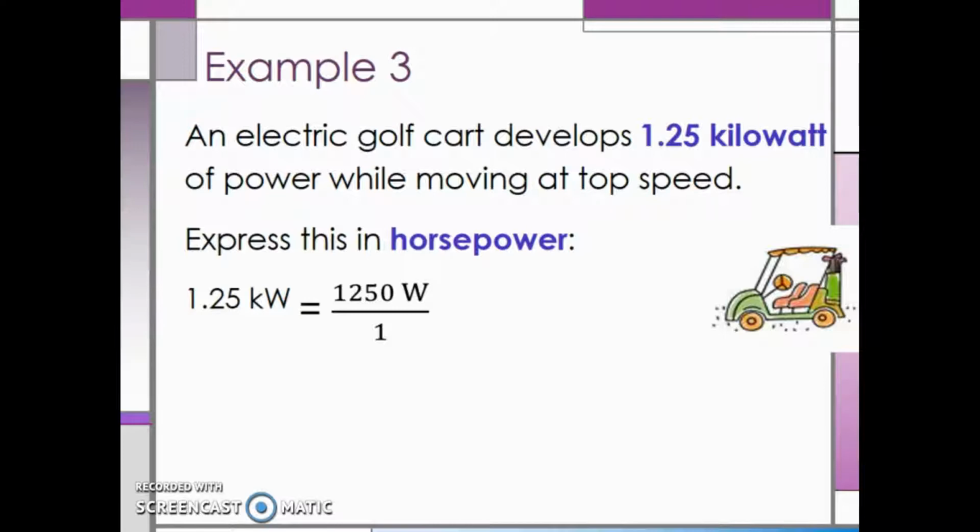Since we have watts in the numerator initially, we can put 746 watts from the conversion factor in the denominator. 746 watts is equal to 1 horsepower, which goes on top. Next, we can cross off the unwanted units of watts. We are left with units of horsepower, which is what we want. We see that 1.25 kilowatts is equal to about 1.68 horsepower.